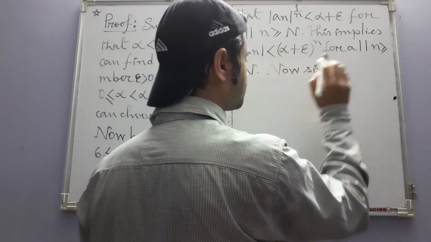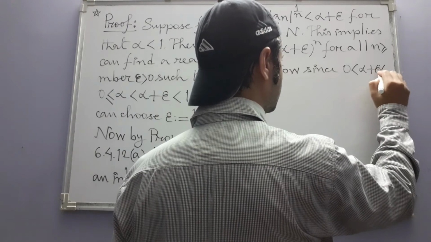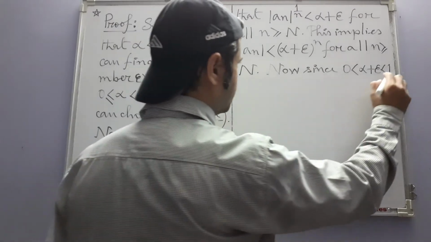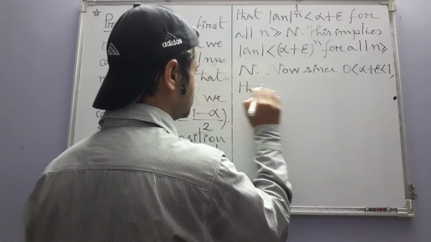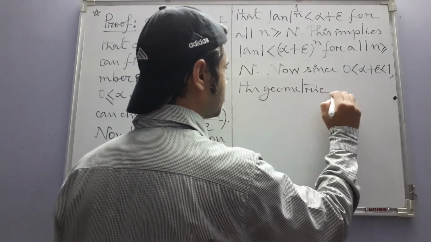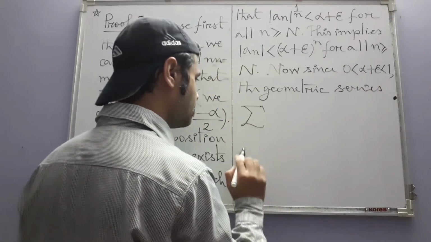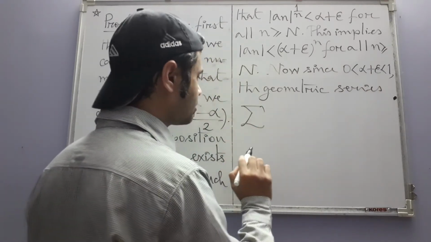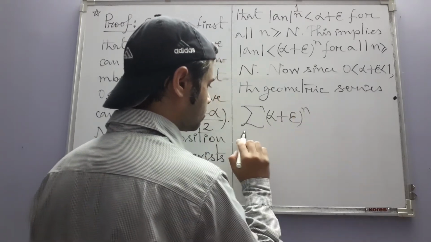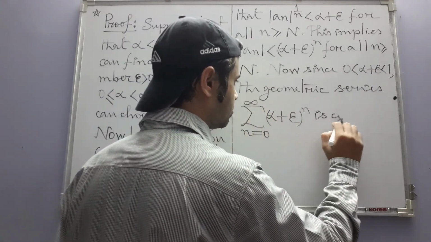Since alpha plus epsilon lies strictly in between 0 and 1, the geometric series, that means our original geometric series where things really start from 0, is convergent.